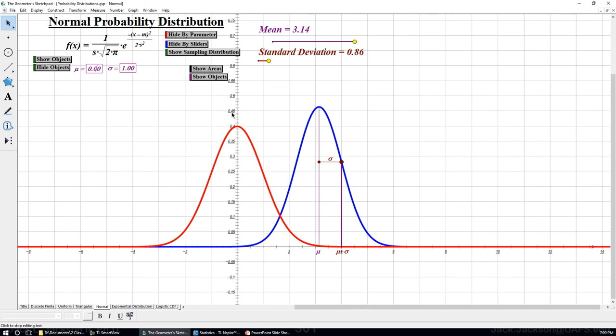Okay, so I think that gives you a pretty good idea of the basic characteristics of a normal probability distribution, at least what the PDF graph looks like. And in the next video, we're going to come back and see how we can do some area computations here, which are, of course, probability computations.